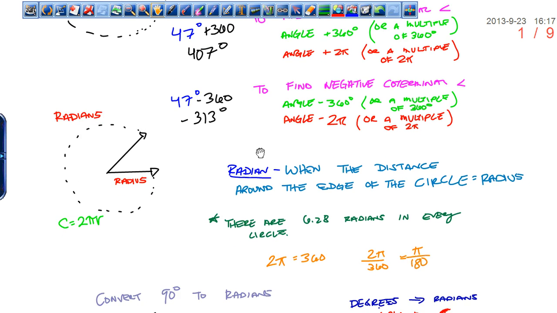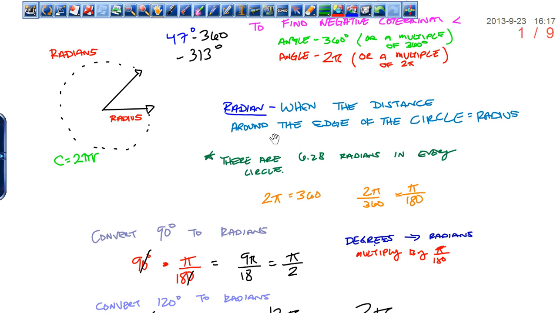What a radian is, basically, if I start right here and I travel to there, this distance along that edge, when that matches what the radius is, that's called a radian. And there are 6.28, that's a rounded number. If we took pi, which remember is 3.14, and multiply by 2, there's 6.28.